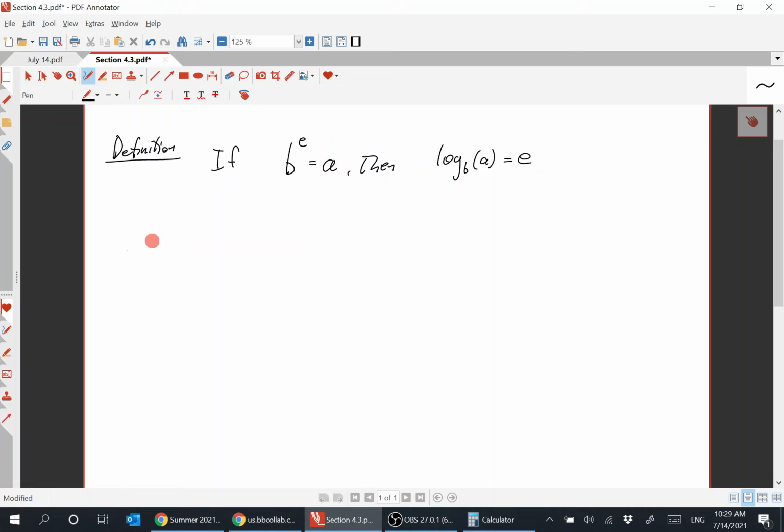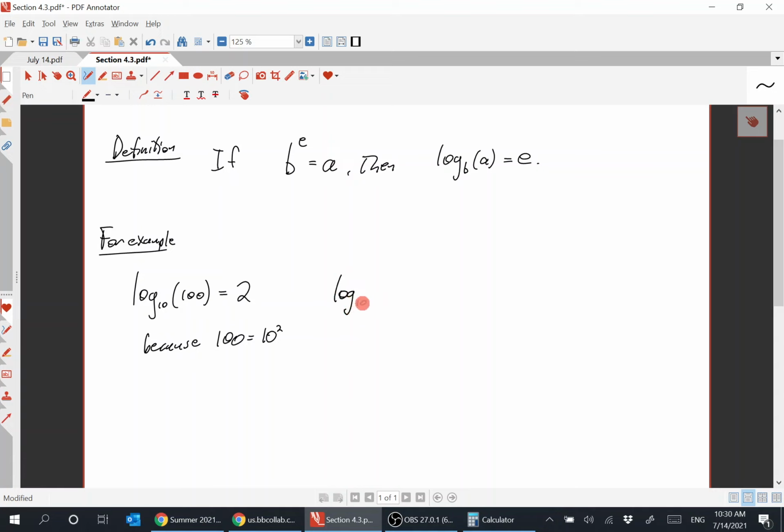Well, let's take an example of this. So, for example, the log base 10 of 100 is 2, right? Because 100 is equal to 10 squared.